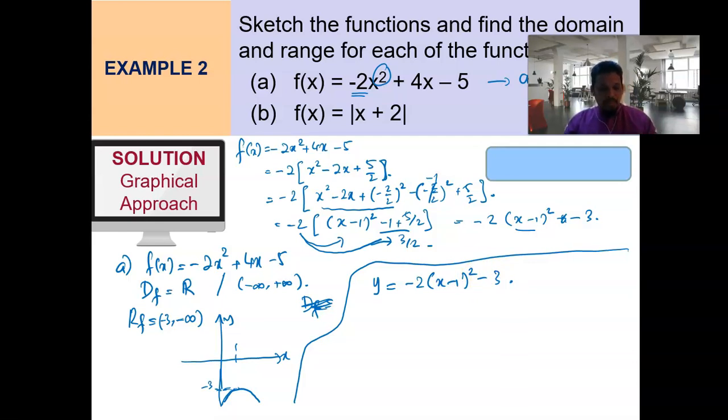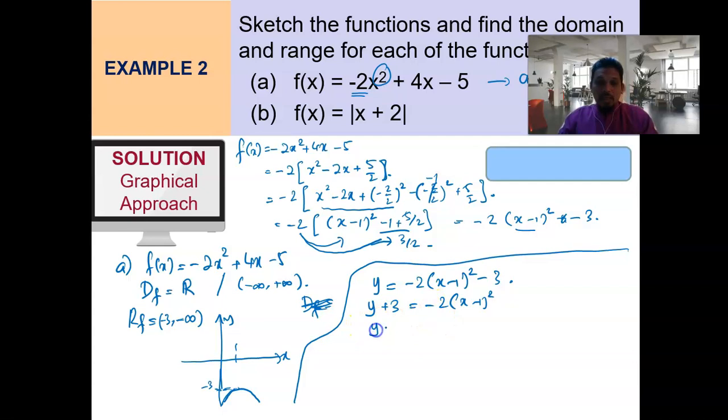So bring this -3 to the side: y plus 3 equals -2(x minus 1) squared, and divide by -2.